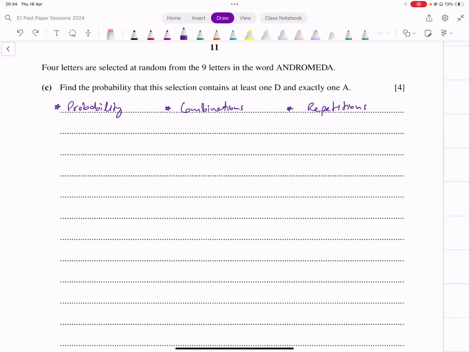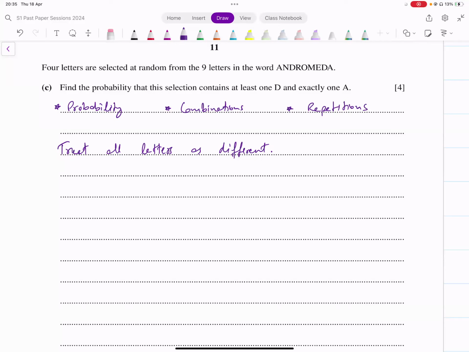You have repetitions in these letters. Some letters are repeated. When all of these things are there, to find probability, you're going to treat all letters as different. Treat all letters as different.